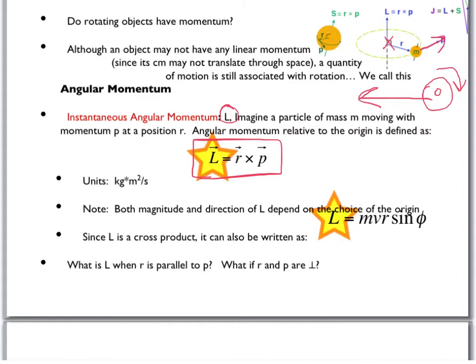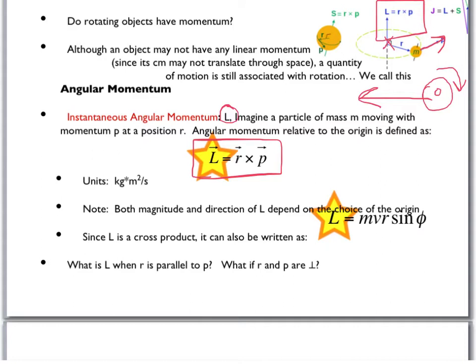Notice that the direction of L is actually perpendicular to the plane with r and p in it. So again, it is very much like some of our other rotational variables, where since the XY plane is taken up with some of these position values and a momentum value that can actually be changing direction throughout X and Y, we define L to be along the Z axis. So again, you can see L here in terms of direction being that r cross p.